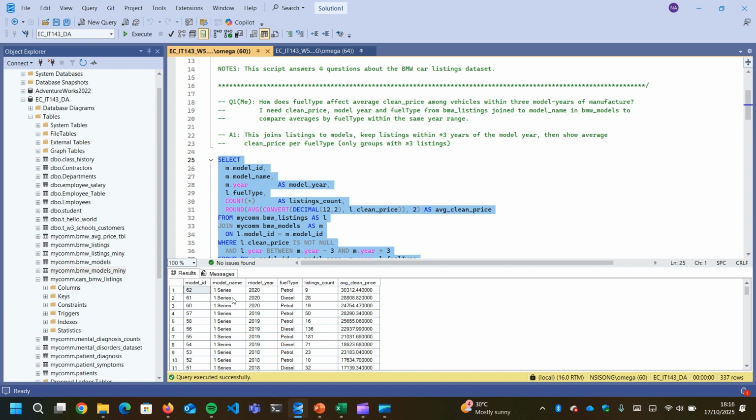This allowed a fair comparison between petrol, diesel, hybrid, and electric cars. As you can see, the results show that petrol listings maintain higher average prices across overlapping model years, while hybrid and electric show more variation. You can see here, this is petrol, diesel, this is hybrid, and you can see how it goes.